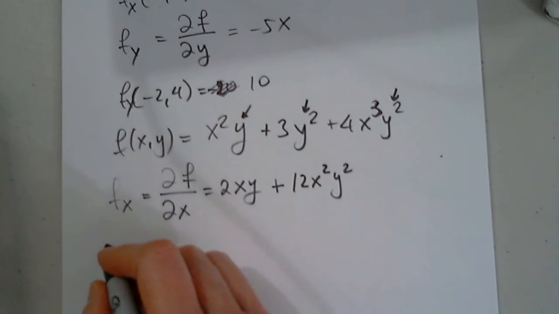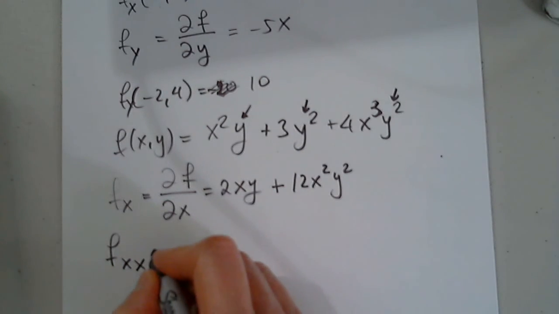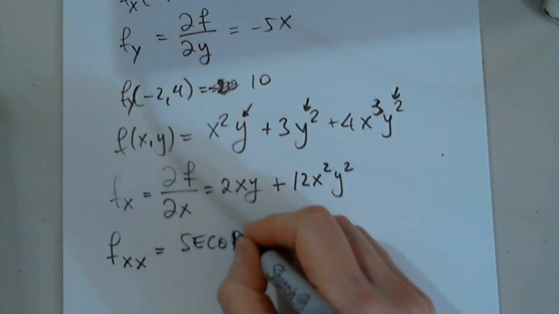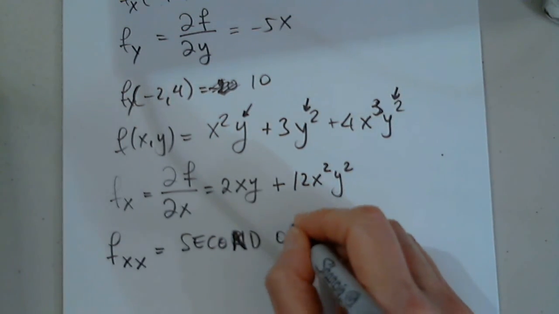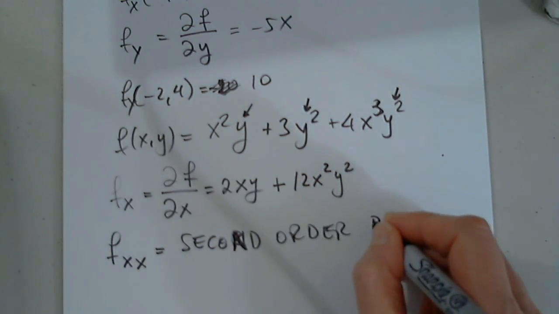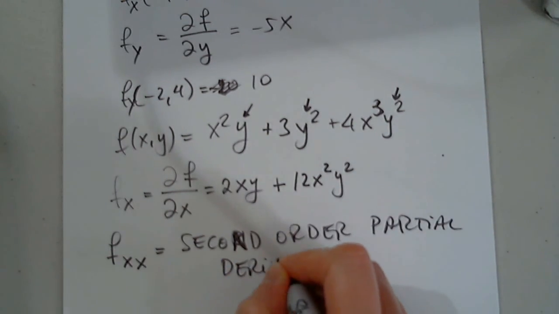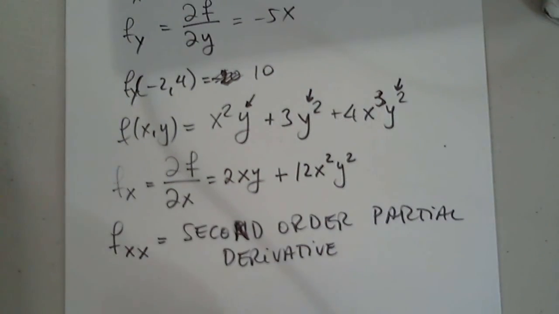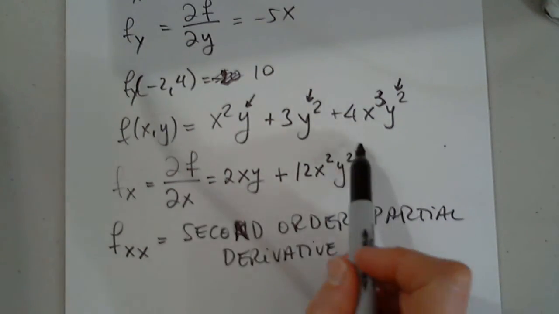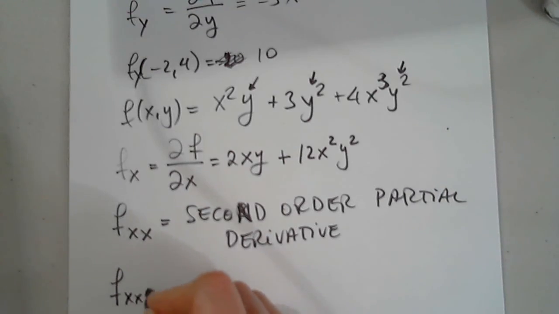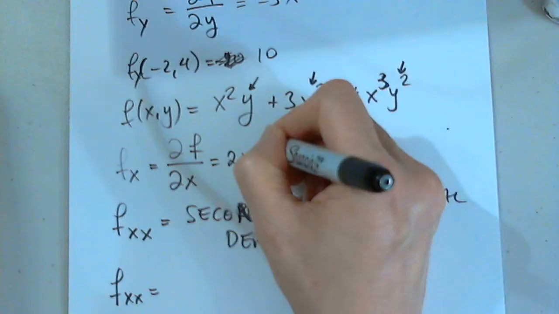What if now we continue with fxx? So this is the second order partial derivative. It means that I have to have the first order, and fxx will be the derivative of this with respect to x when y is a constant.